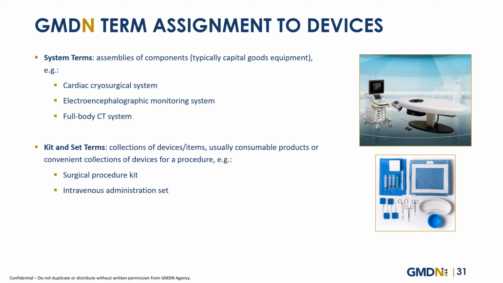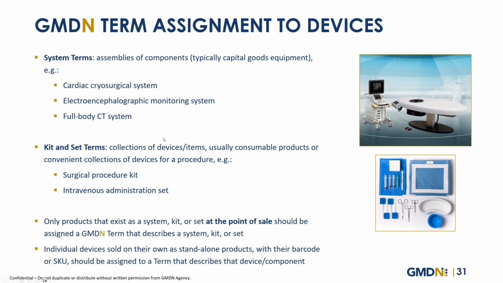For example, they can be surgical procedure kits or intravenous administration sets with different single-use components, and each of these kits and sets are supplied again together under one product code to be sold as one product. And these kits and sets need to be assigned to the respective kit and set terms that describe the complete assemblies.